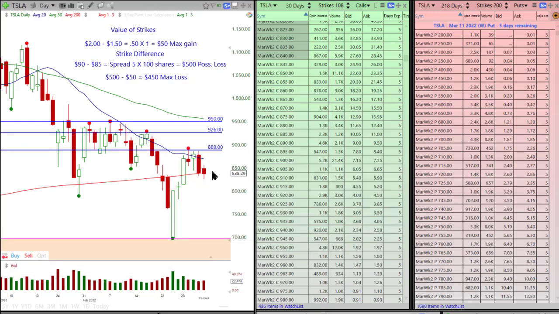So, as we're closer to the current price and where resistance is, I marked here $889. So we go here to $889. We go to $900, and we see the price $7.15 by $7.35. Now, you can typically do the midpoint somewhere in between.